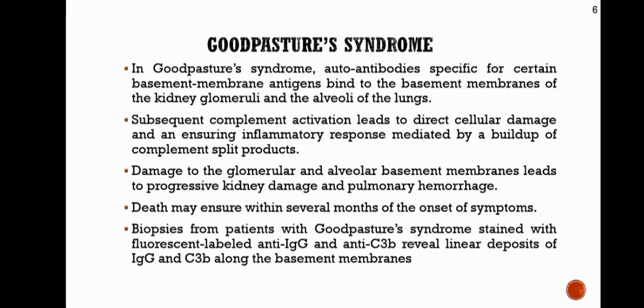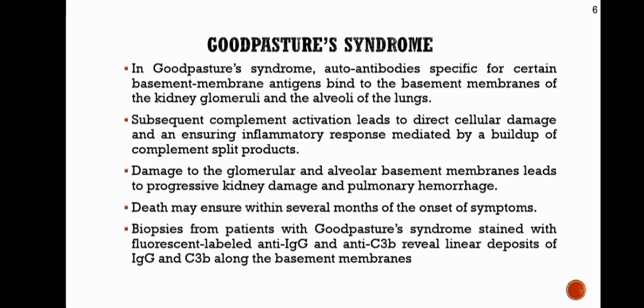Goodpasture syndrome. In Goodpasture syndrome, autoantibodies specific for certain basement membrane antigens bind to the basement membranes of the kidney glomeruli and the alveoli of the lungs. Subsequent complement activation leads to direct cellular damage and an ensuing inflammatory response mediated by a buildup of complement split products.